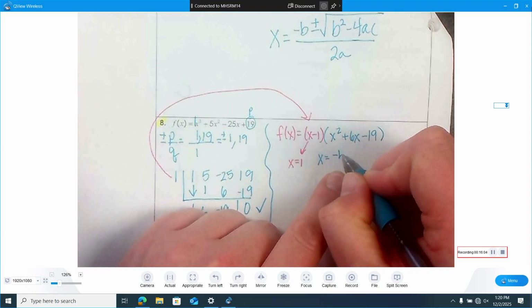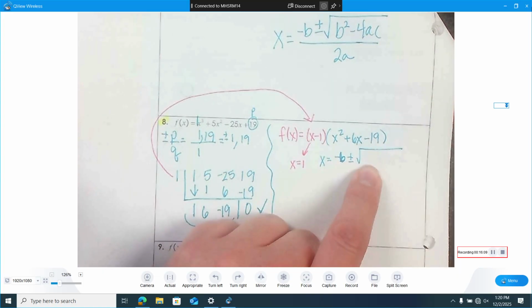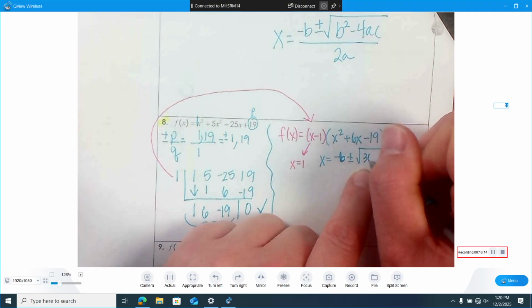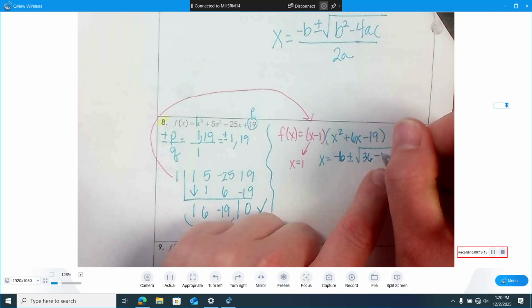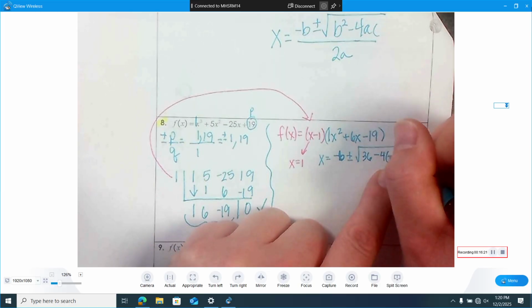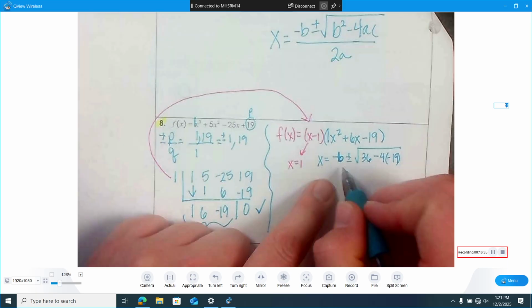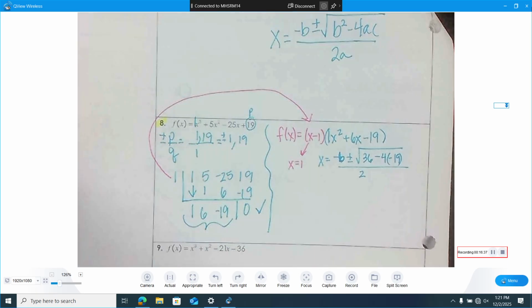X equals the opposite of b plus or minus the square root of b squared. I'm going to do in my head, which is 36. B squared minus 4 times a times c. So that's a 1 times negative 19. You can write it all out if you want, but I try to use my head as much as possible. All right. Are you good, or did I do too much? You're good? Okay. All over 2 times 1, which is just 2.